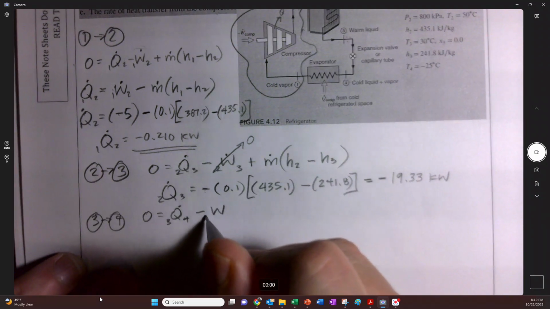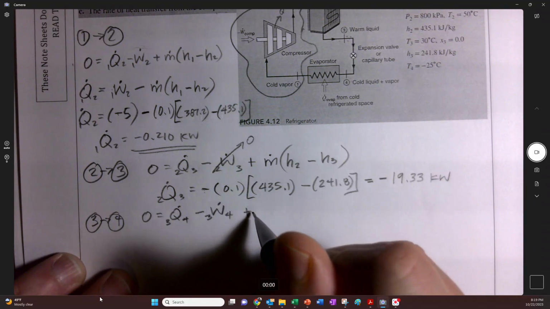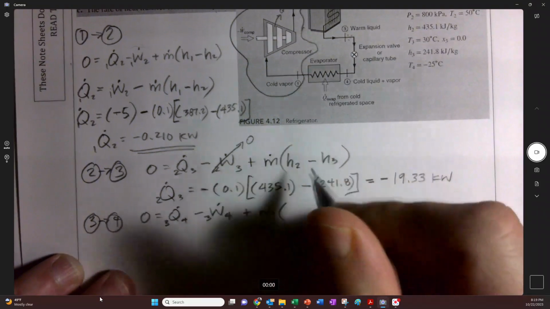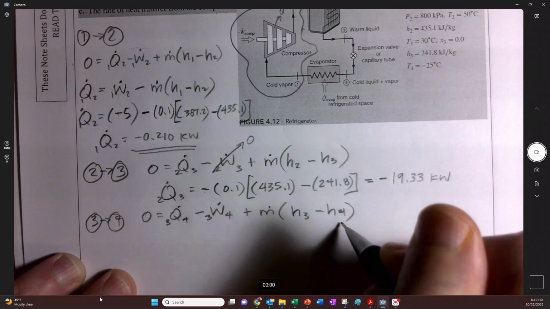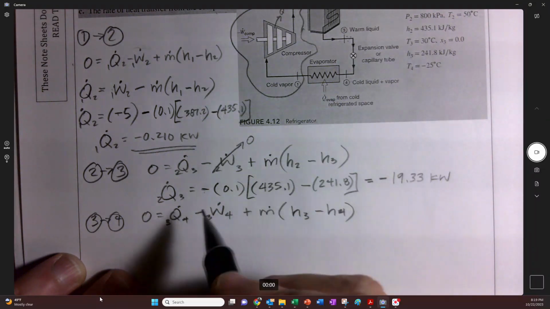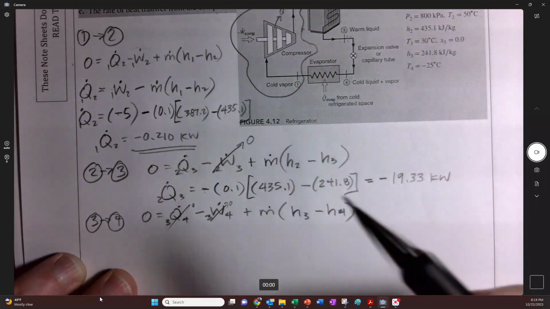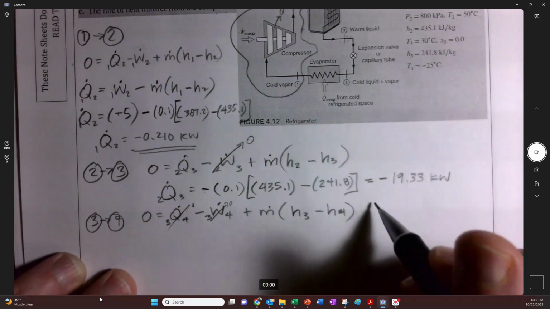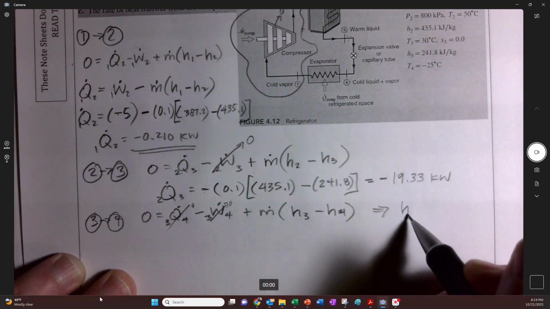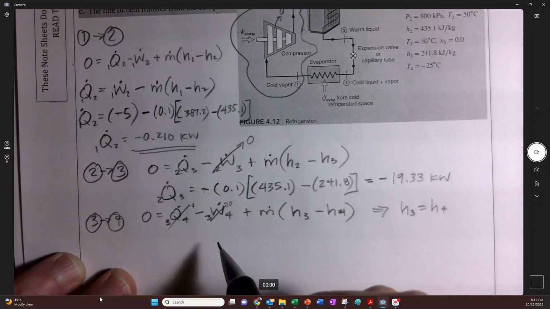Minus work 3 to 4, or power I should say, plus m dot, and I'm going to go H3 minus H4. But that's going to be 0. Let's say that it's going to be insulated. And because of the m dot right there, we're going to see that our conclusion is that H3 equals H4, or more importantly, H4 equals H3.